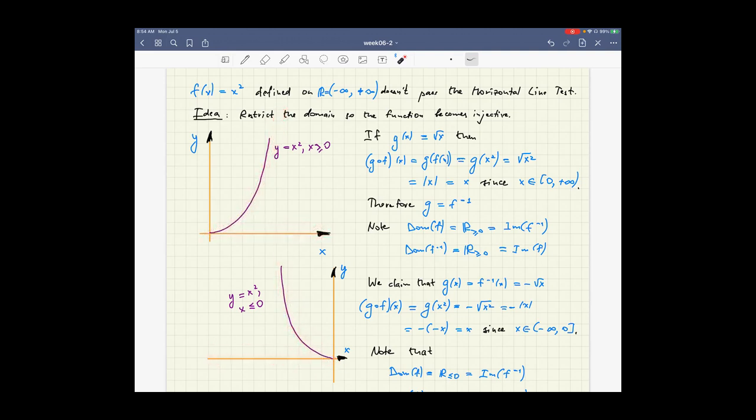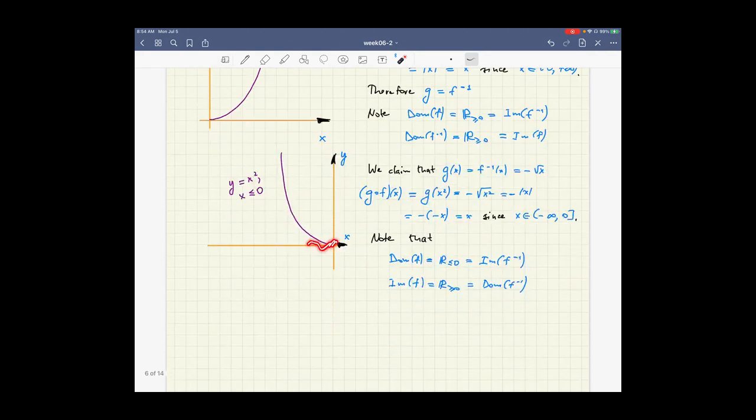When we restrict x squared to the domain non-negative real numbers, the inverse is root x. And when we restrict the domain to be non-positive real numbers, the inverse is negative root x.